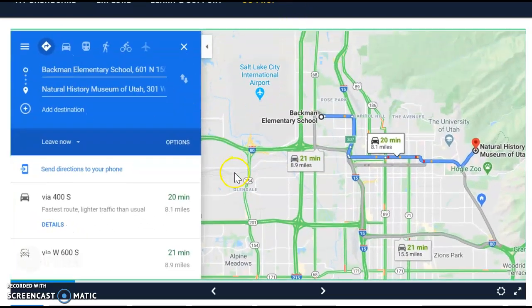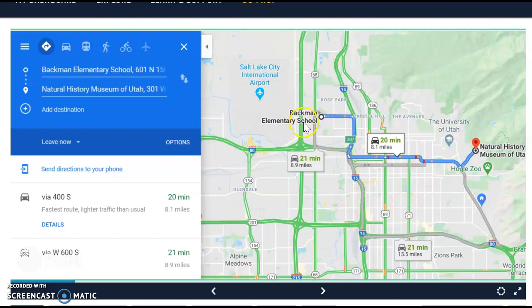The example that I have for you here is our school, Blackman Elementary. You may even recognize some of your houses here. If you live close by the school, you can recognize the streets here.